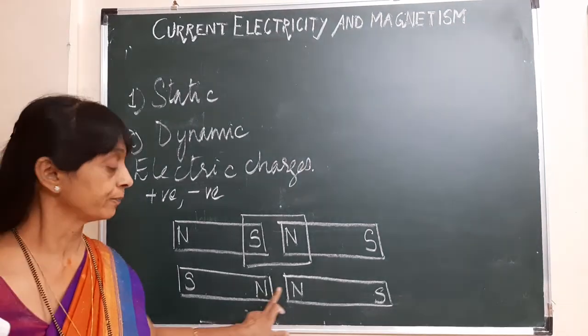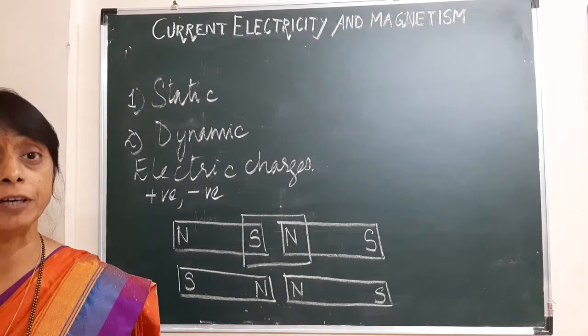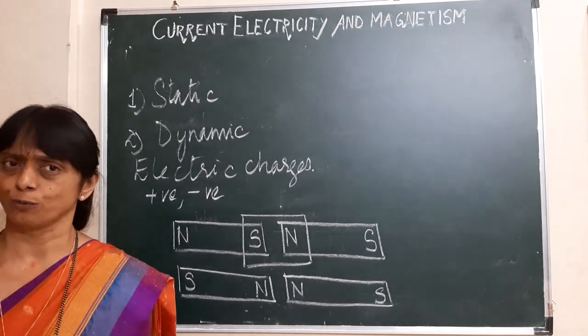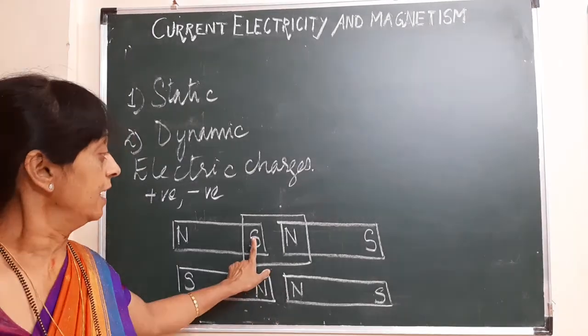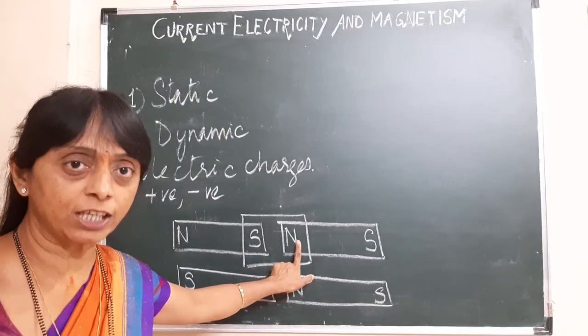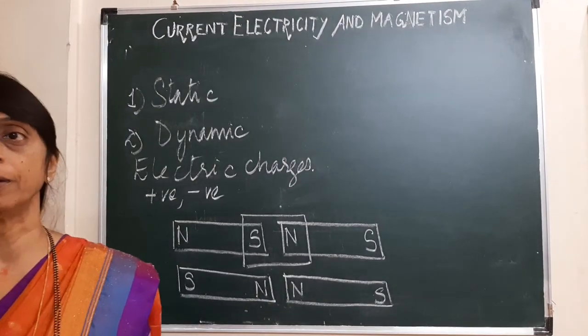We see that two magnets with like poles always repel each other. So what did we learn in the case of magnets? Unlike poles attract each other and like poles always repel each other.